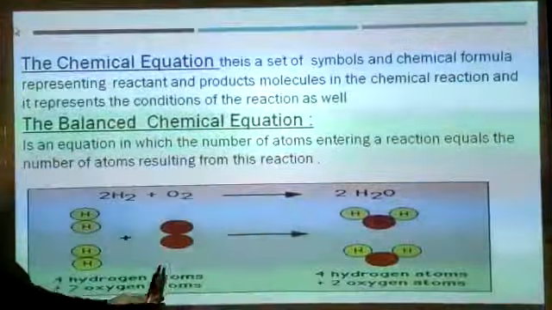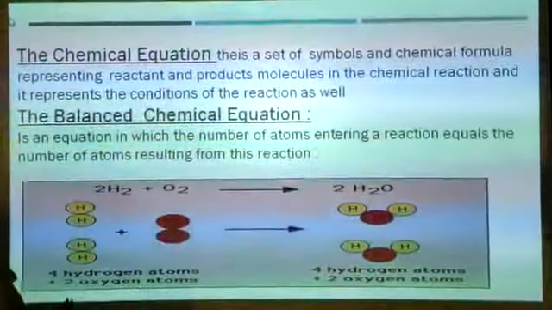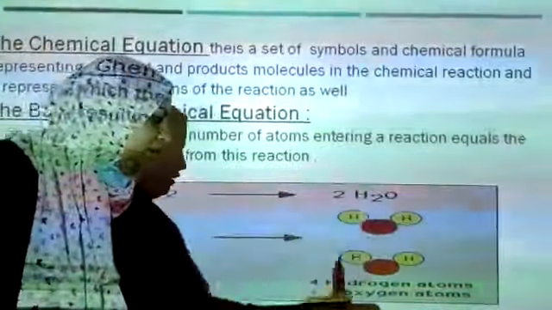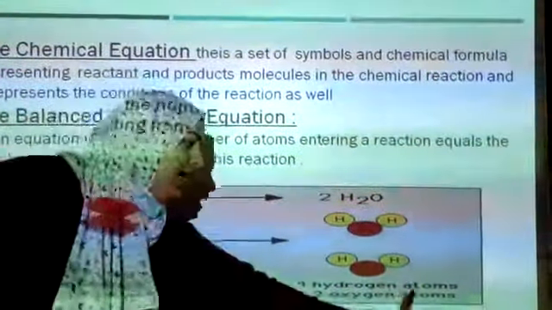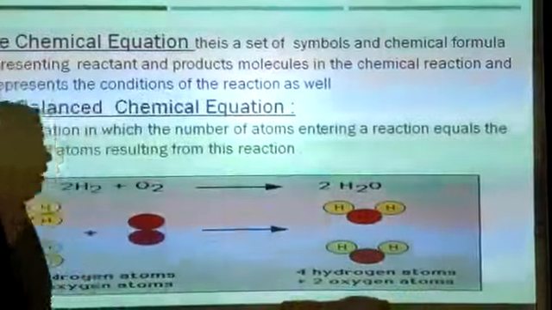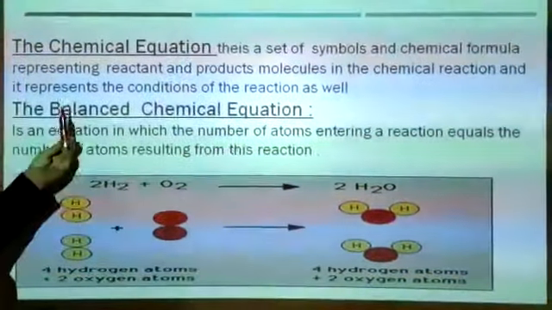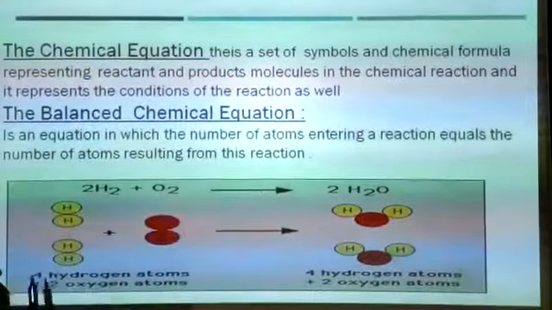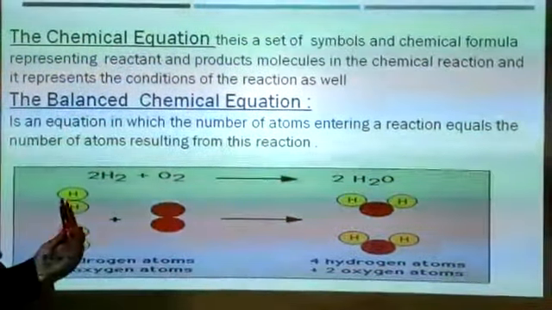And for the oxygen molecule, we have 2 atoms of oxygen reacted, and in product we have 2 oxygen atoms. Okay, so this equation is a balanced equation, because the number of atoms in the reactant of the element equals the product.